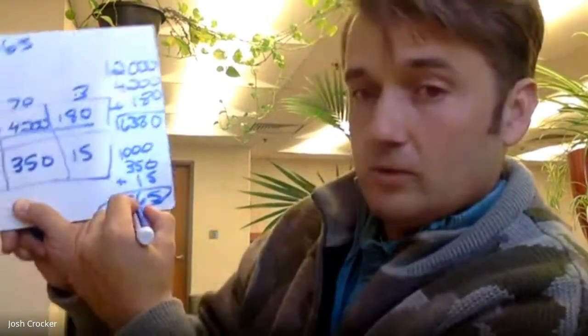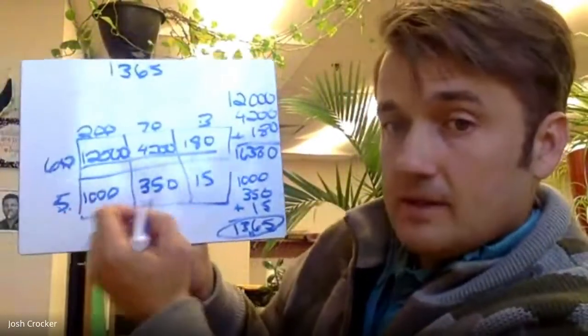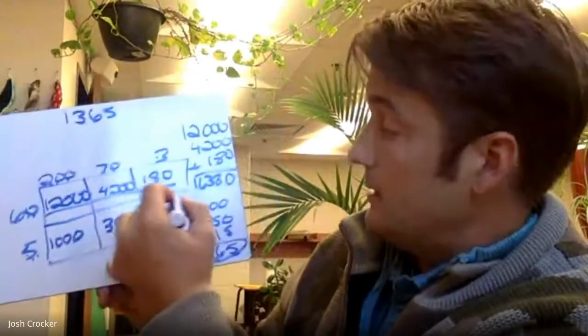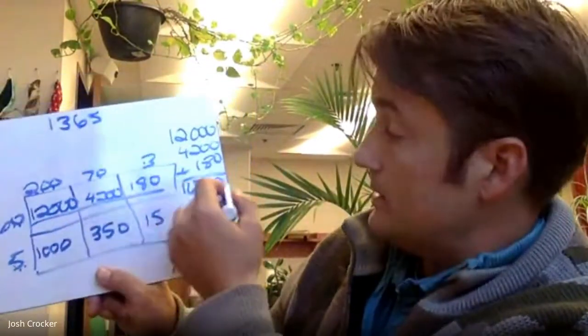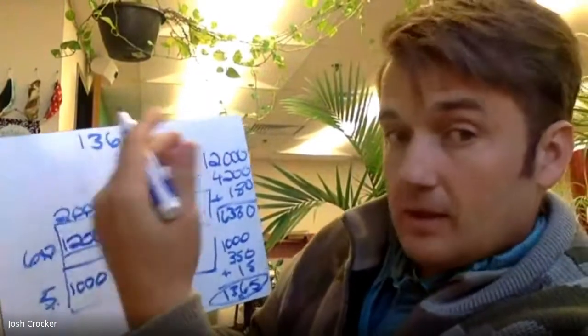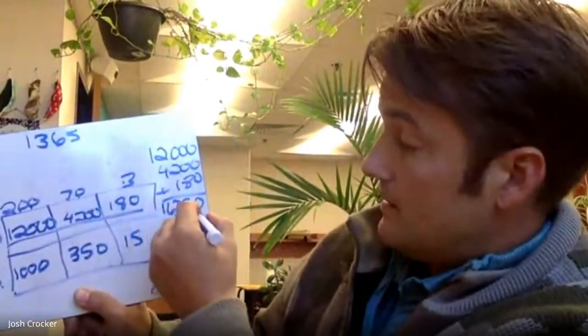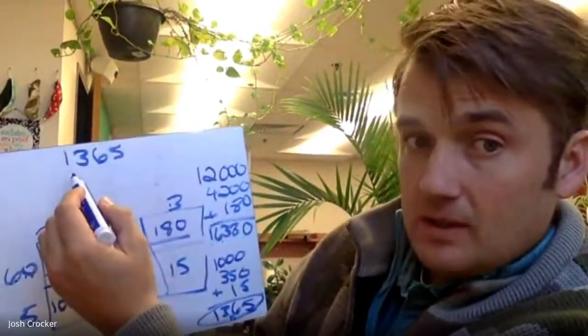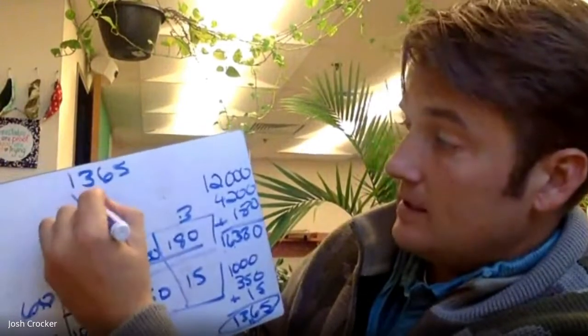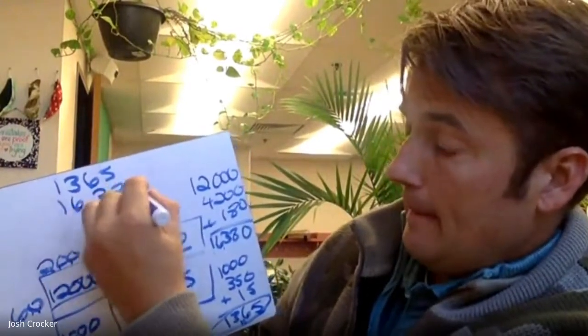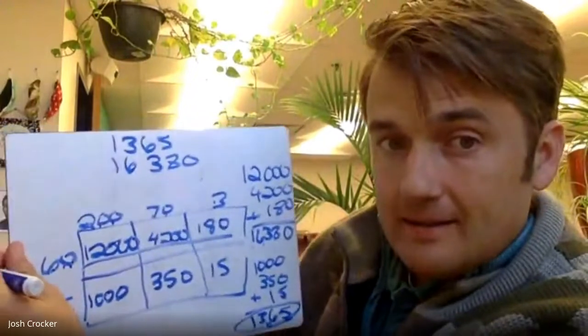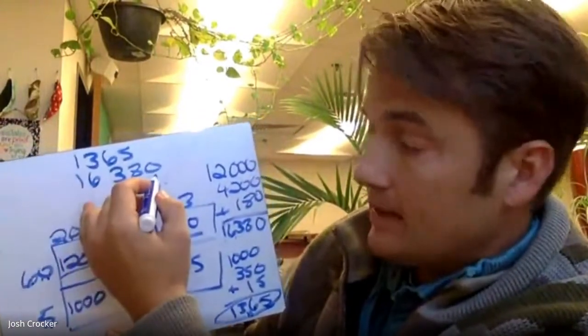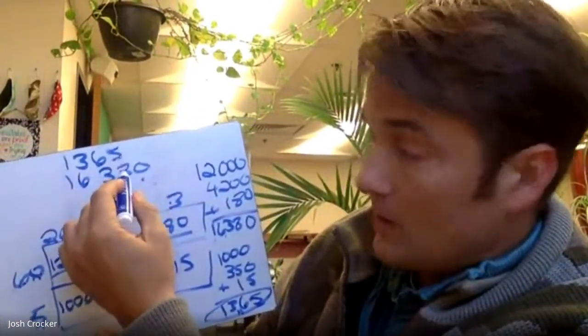1,365 was my total when I added up all these numbers on the bottom row. My total for the top row was 16,380. This is where you've got to make sure, like this has 5 digits, this has 4 digits. If I do this, that's not right. I'm stacking them on the wrong side, which means that here I'm adding ones to tens.